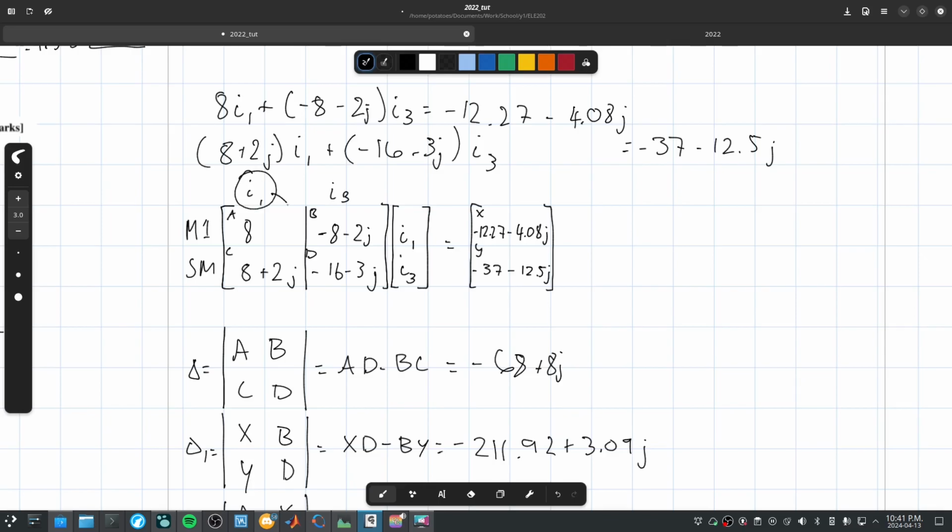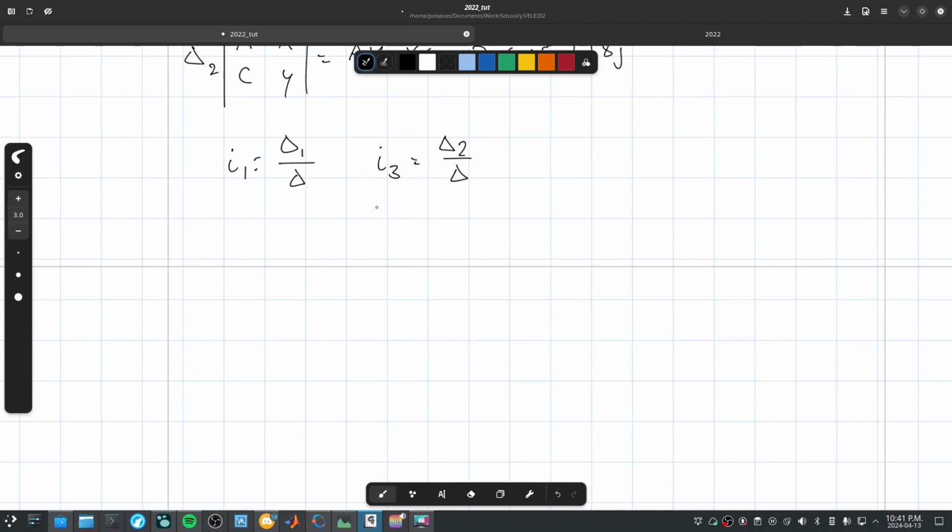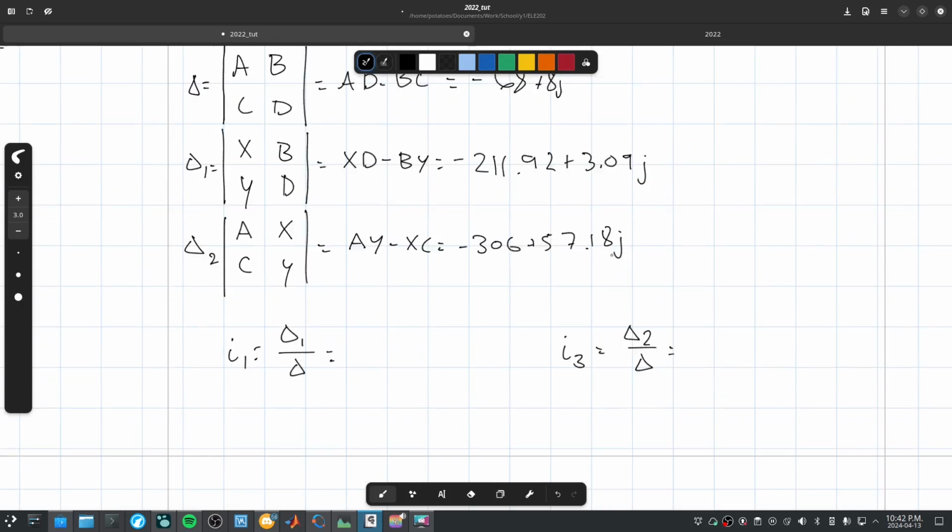In this case, our first column is I1 and our second column is I3, so we're solving for I3 here. Let me move that to the side so we have some extra room. For I1, you do negative 211.92 plus 3.09j over negative 68 plus 8j.